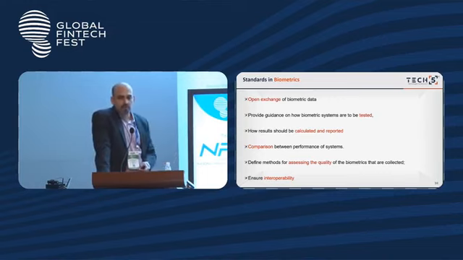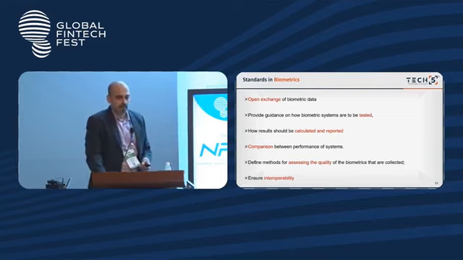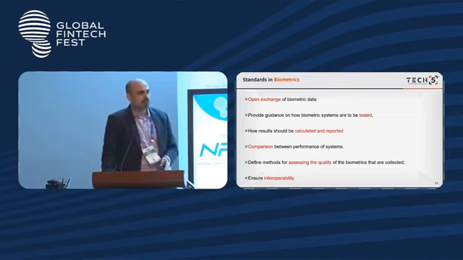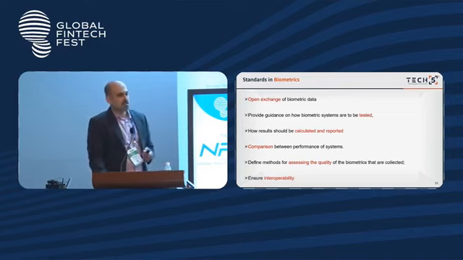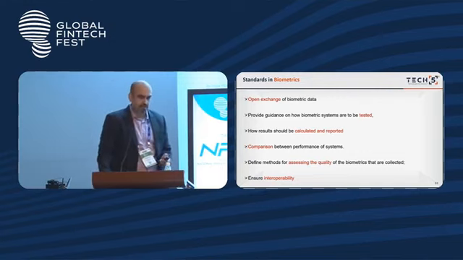It's also important to know how results are calculated and what baseline is being followed, and to define different methods for assessing the quality of biometric data that's captured and collected. And last but not least, you also want to ensure that data captured from one system is interoperable with data captured from another system.